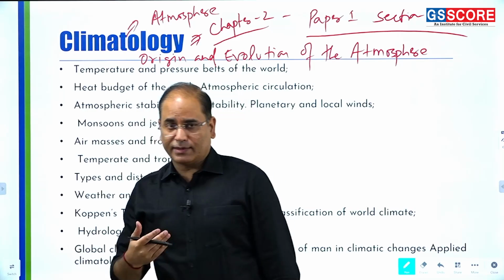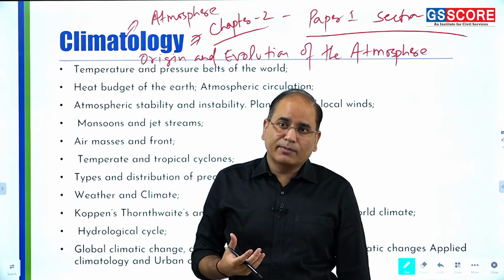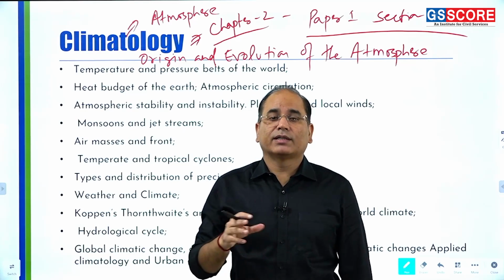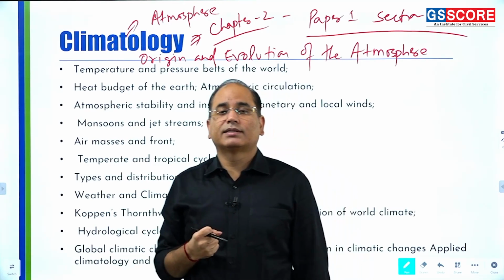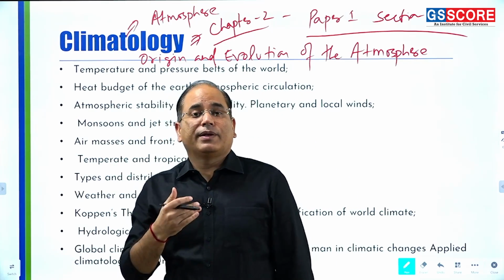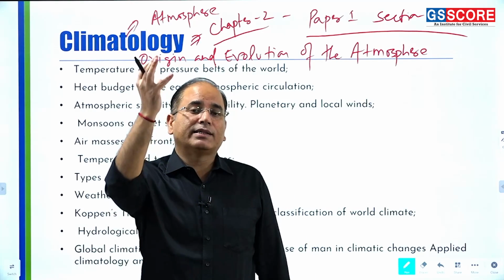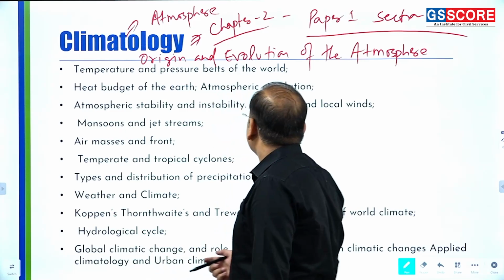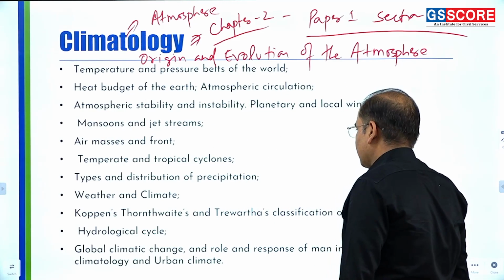Origin and evolution of the atmosphere will give you some idea of how the atmosphere came into existence, what are the different processes that have taken place, when and from where the different materials of the atmosphere came into existence. So that you are supposed to study.